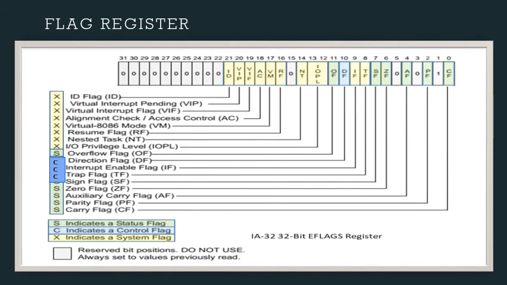Let us now discuss the flag register of the 80386 microprocessor. The flag register of the 80386 is a 32-bit register, as shown in the figure. Among these 32 bits, D31 to D18, D15 and D3 are reserved by Intel and D1 is always 1.